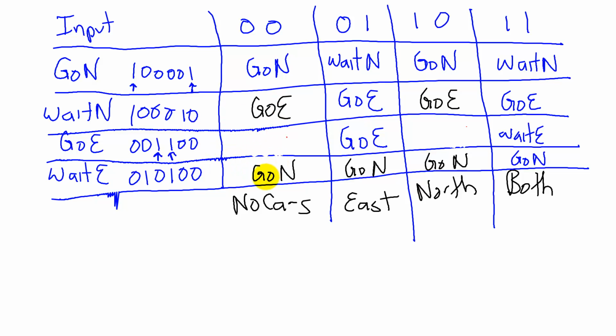Let's do an easy one. If the light is green on the east road and there are no cars, I'm just going to stay right there. That's a fairly easy one. But let's do a hard one. Let's say the light is green on the east and there's just cars on the north. That's this condition here. No reason to stay green on the east. I want to flip over to north, but I can't get there directly, so I have to go through this wait state. Okay?